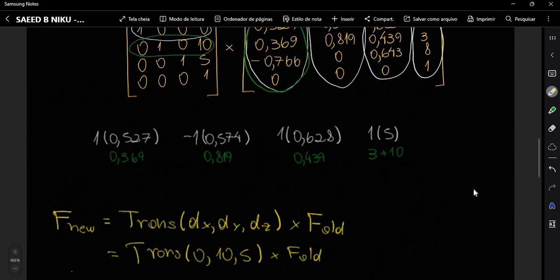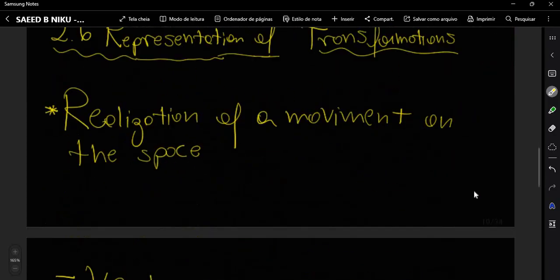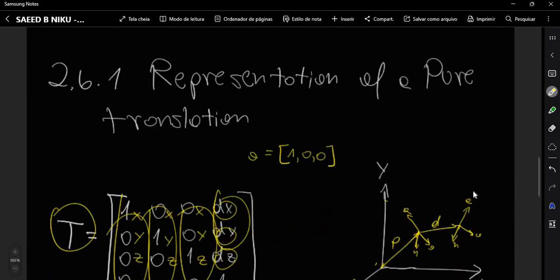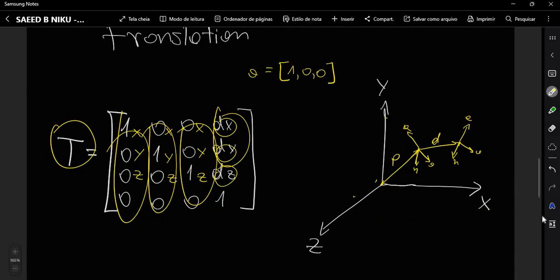And I'm referring to this. That is the final position of the referential.